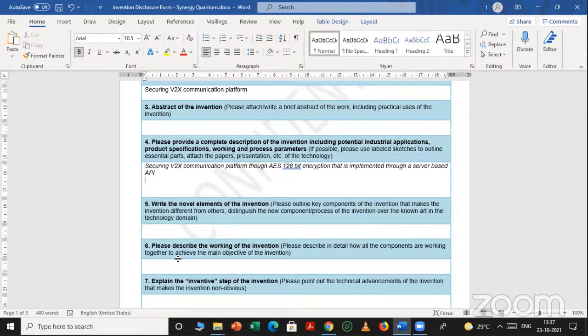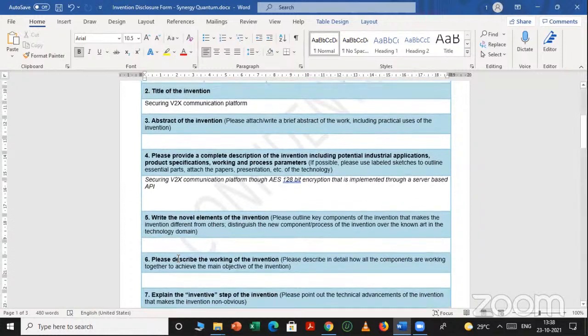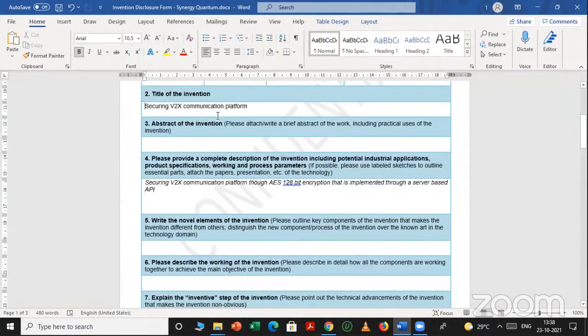In other words, if I say it in simple common language, what is the new thing you are doing? This is the question that you have to find the answer to. So the novel element of the invention is very important, and sometimes you have to brainstorm about your research material. So for example, if you take this example of securing V2X communication platform, here the researcher is developing some sort of algorithm where he's utilizing AES 128-bit encryption and implementing it through an API, application program interface, which is running on a particular server.